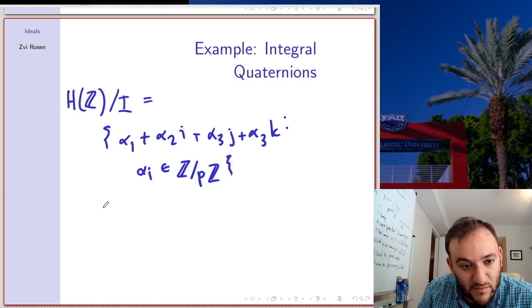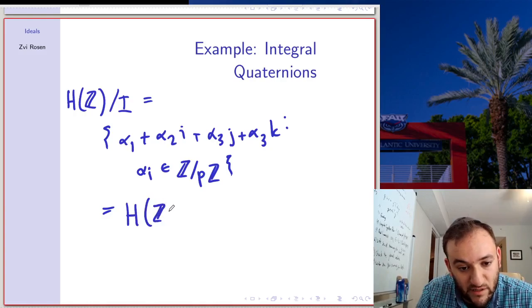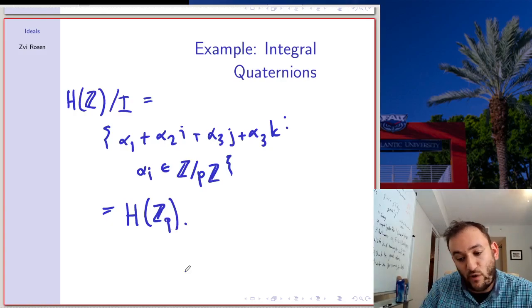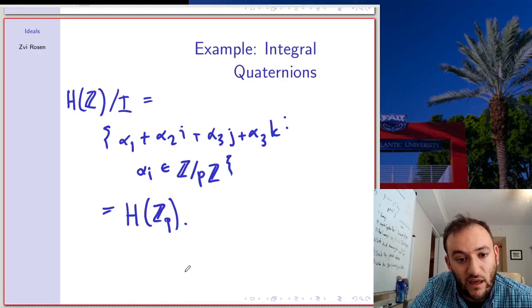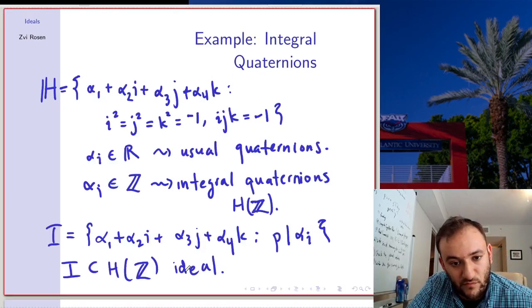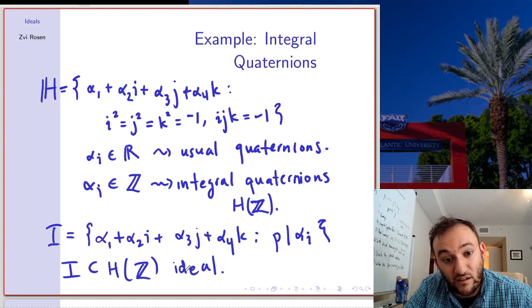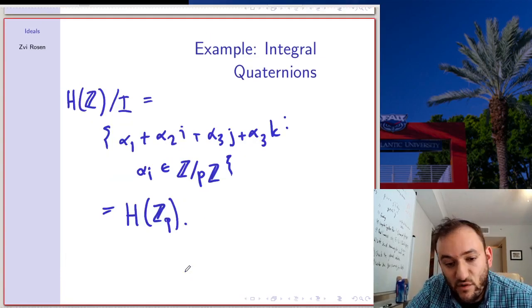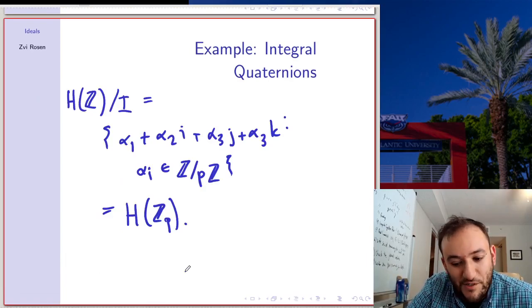And this is sometimes called the Hamiltonians associated to Z mod pZ or Z_p. Okay, so that's another example of an ideal in a ring of quaternions. And here, we'll recall that quaternions are non-commutative, but this is a two-sided ideal, so we're all right to take a quotient.